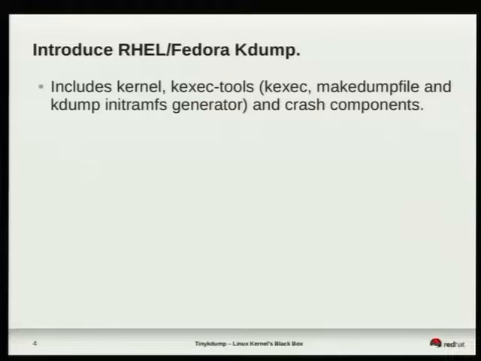And Makedumpfile is very important because it can filter the kernel memory image files to significantly reduce the memory size. For example, if the system has a terabyte of memory, in general, to save it you would need a terabyte of disk as well.